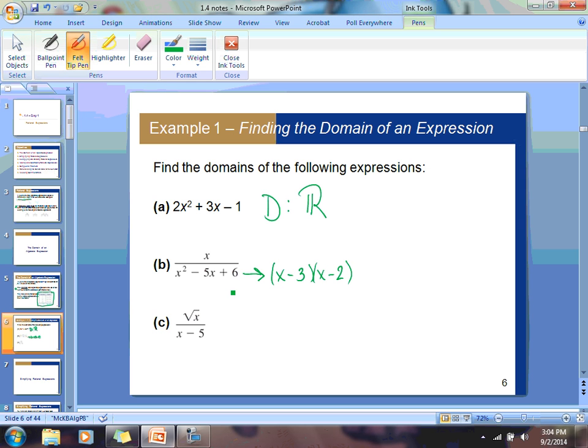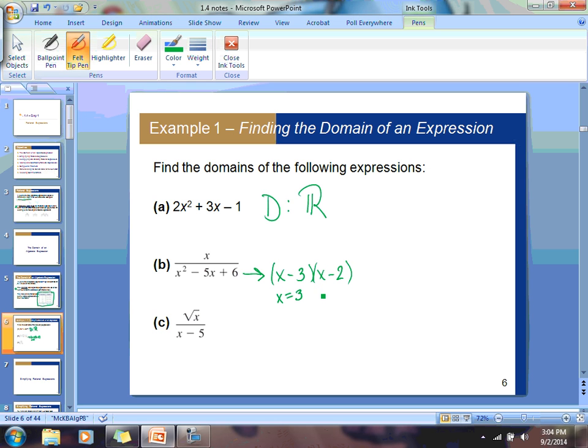Doing that helps me recognize what values the denominator can't be. Because if x were equal to 3, the x minus 3 would become 3 minus 3, which would be 0, times this other term, whatever it is, would make the whole denominator 0. So I can't have x equal to 3.